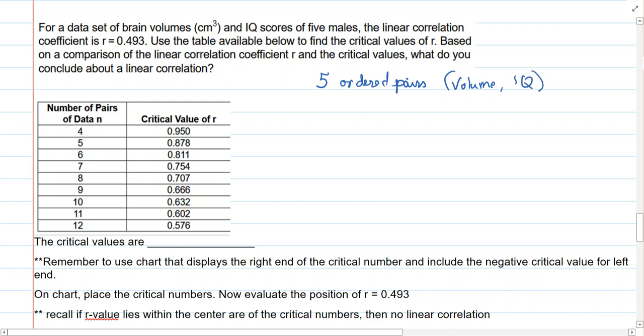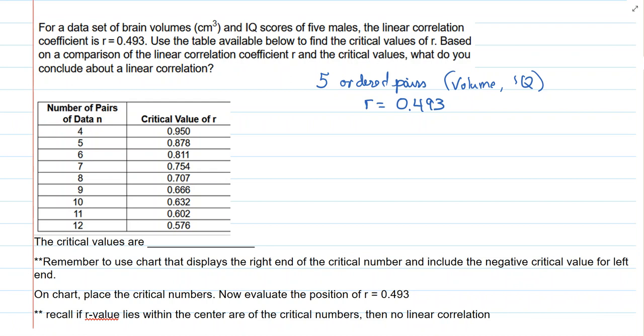All right, so we got 5 of these ordered pairs of males. The linear correlation coefficient, the R, is 493. Use the table available to find the critical values of R, and based on the comparison of the linear correlation coefficient R and the critical values, what do you conclude?